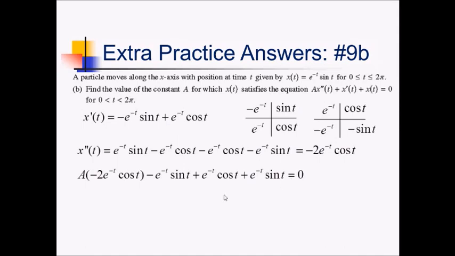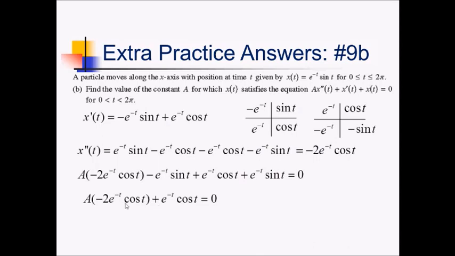Cleaning this up a little bit, it looks like we again have a negative and positive version of e to the negative t sine of t. So those are going to cancel. All that's left then is this first term with the a and this cosine term. We can go a little bit further, in fact. You'll notice that these both have a cosine of t and also an e to the negative t in them.